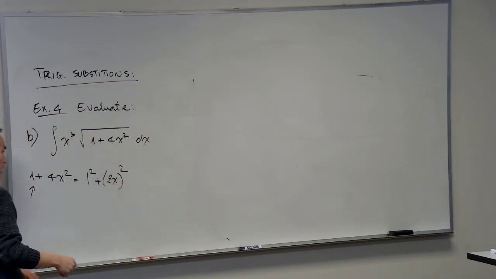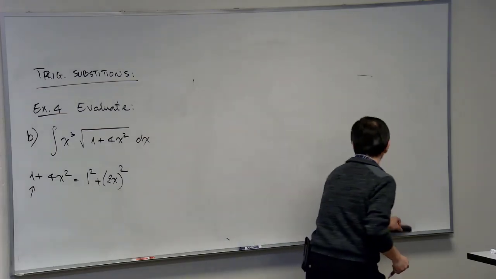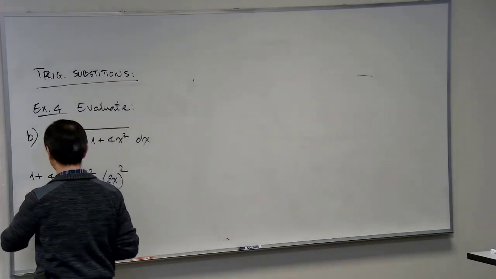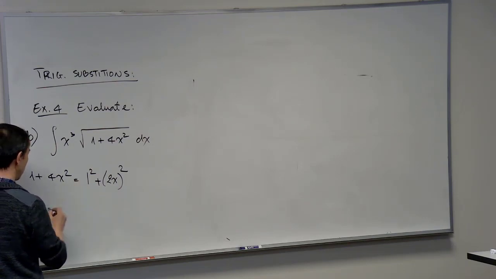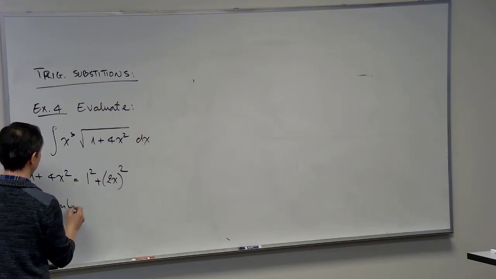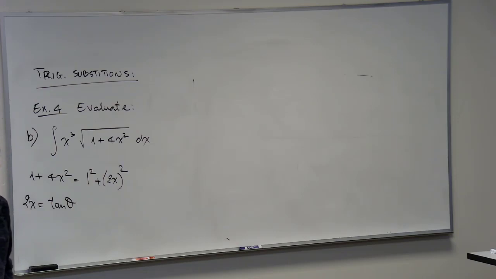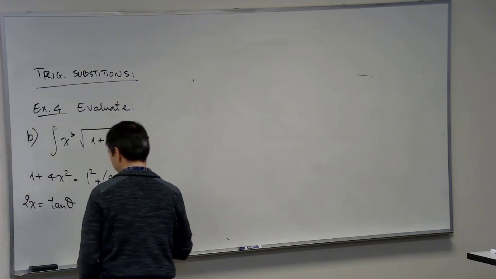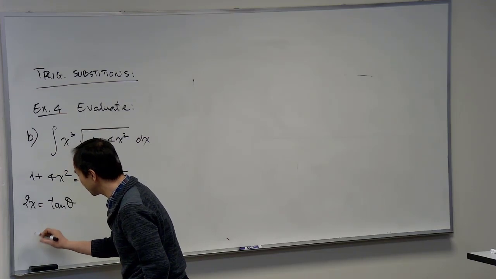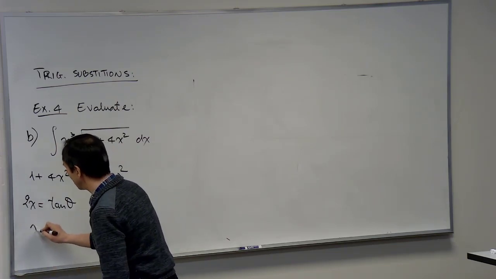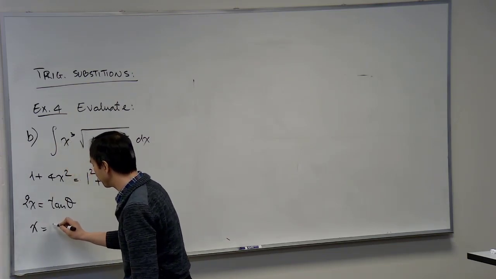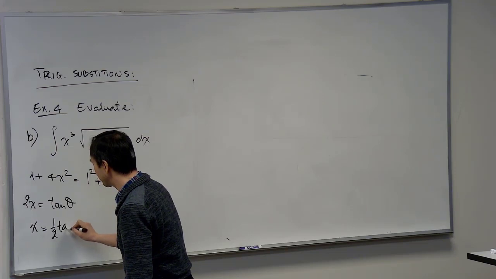That's how we see that. Okay? So in that way, now I'm going to choose my substitutions, right? So I'm going to let 2x be 1 times tangent of theta. So that's just tangent theta. Okay? So 2x equals tangent theta. Right? And so one more step right here, x equals 1/2 times tangent theta.